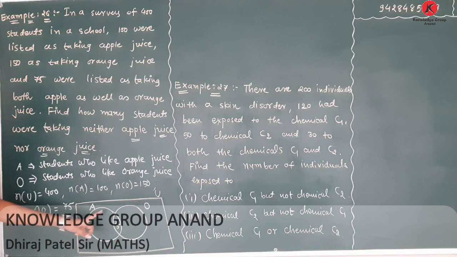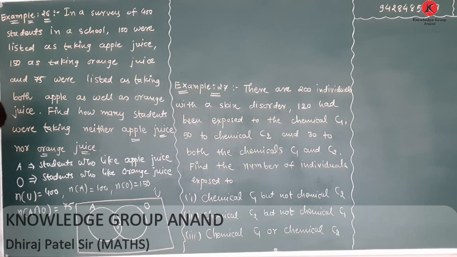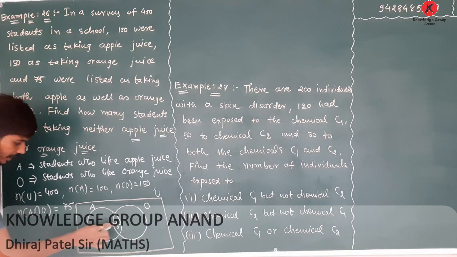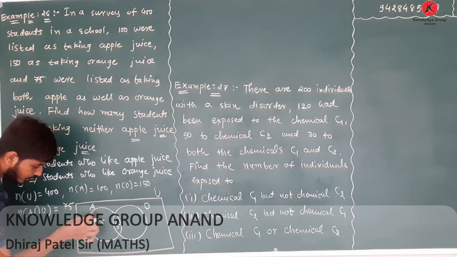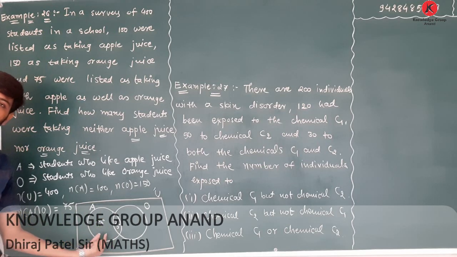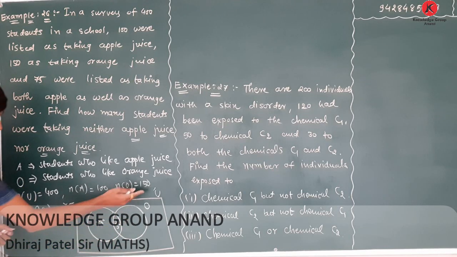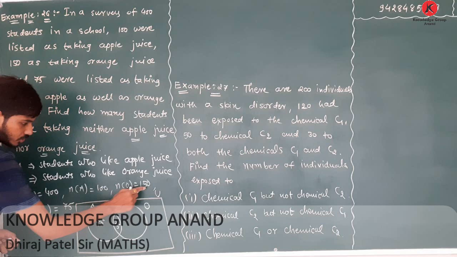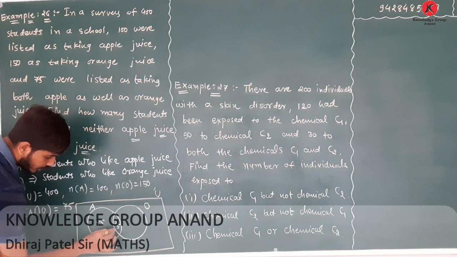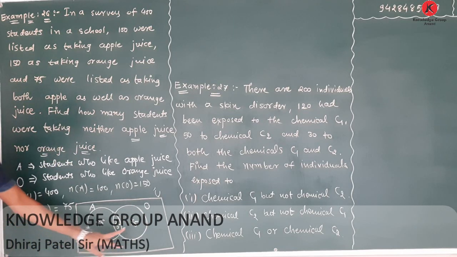Now you know that the number of elements in set A equals 100. Therefore, you have to represent 25 students in this portion only, because 75 plus 25 equals 100. Now, for orange, the total number of students who like orange juice equals 150. Therefore, you have to write 150 minus 75 here. Therefore, 75 is here. 75 plus 75, total 150.